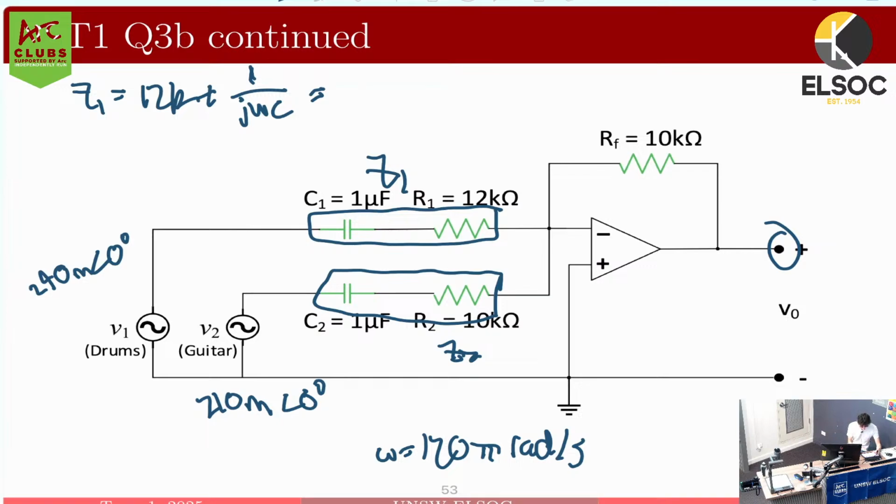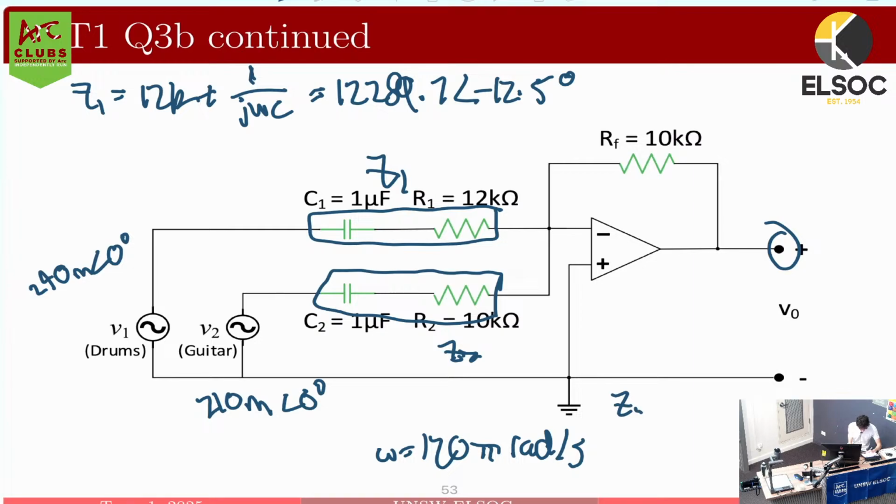And so in polar form, we'll get 12,289.7 angle minus 12.5 degrees. And so that's Z1.